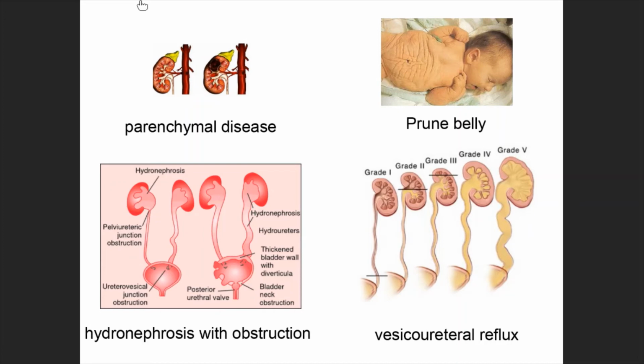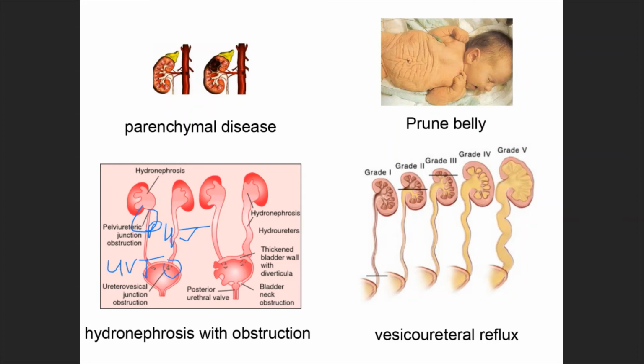So you can call that the PUJ, pelvic ureter junction, right? That's one area. It could also be here, which is known as the ureter vesicle junction, right?